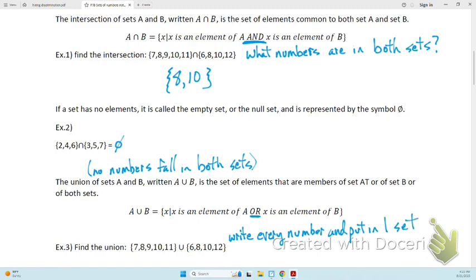So this means, or at least the way I do it, is I copy the first set as is, and then I write down any numbers that I haven't written down yet. So I see a 6 and a 12. Now, if that stresses you out because they're out of order, then you can put them in order if you want, but it does not matter to me.